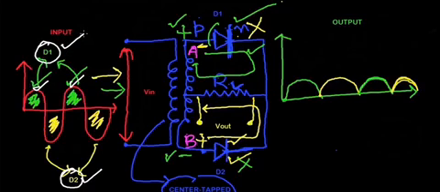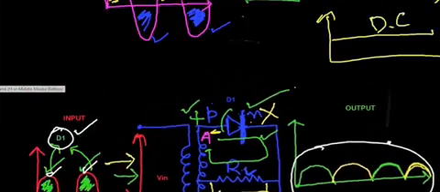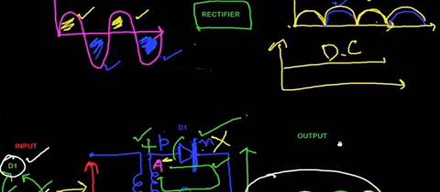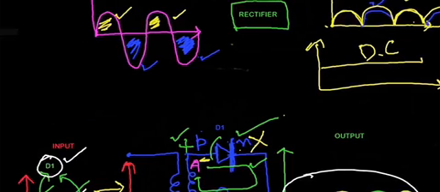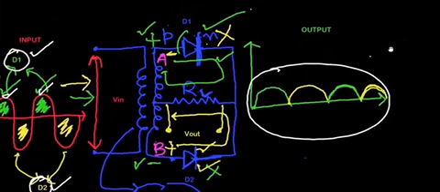Hence our entire input wave is converted, and we say that this circuit works as full wave rectification, and we get pulses of direct current. We do not get a straight line as we discussed over here. This straight line is the DC. But we get pulses. Hence we say that an alternating current has been converted into our pulsating DC.